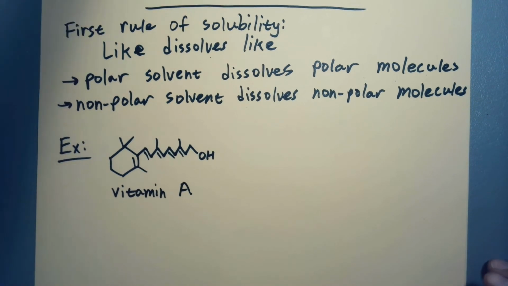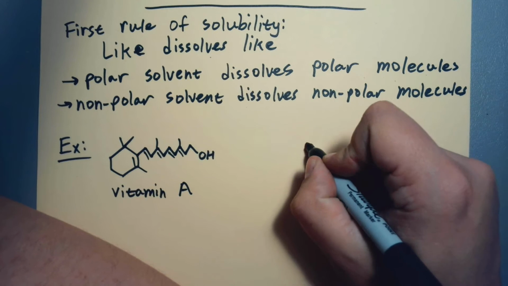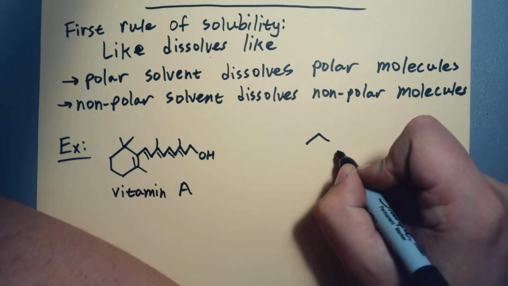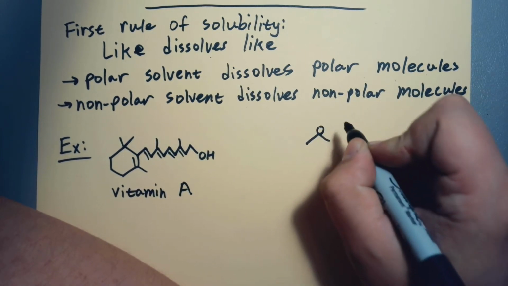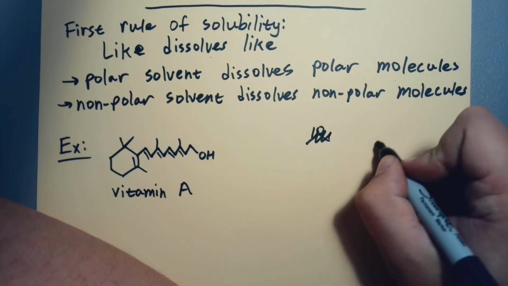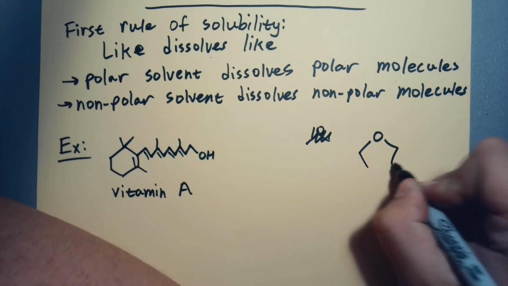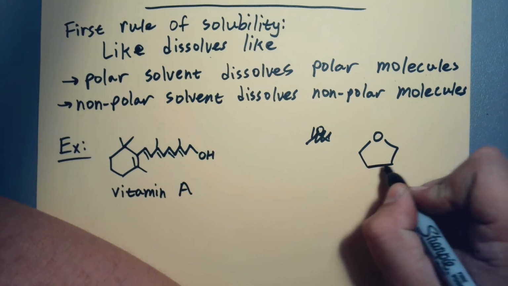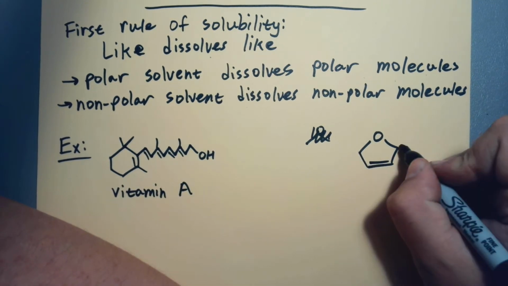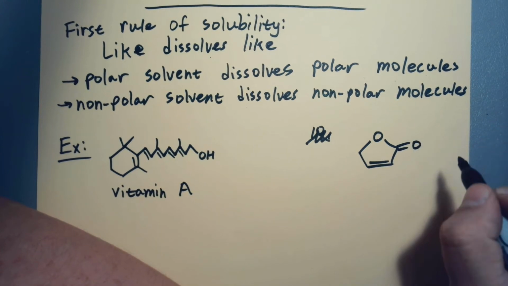There's vitamin A. Okay, I'm going to draw another vitamin over here. Oops. That's supposed to be an O. We'll just start over from scratch. There we go. Alright. Can't really erase a Sharpie. You can actually clean it off glass with acetone, if you didn't know that.